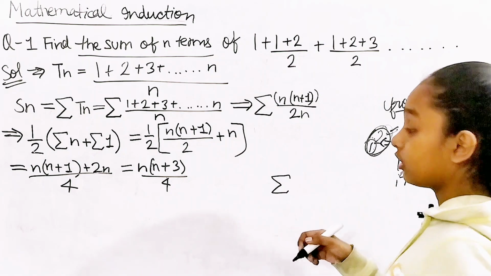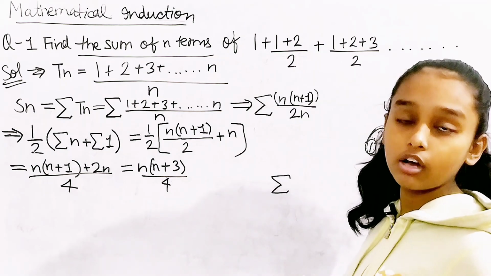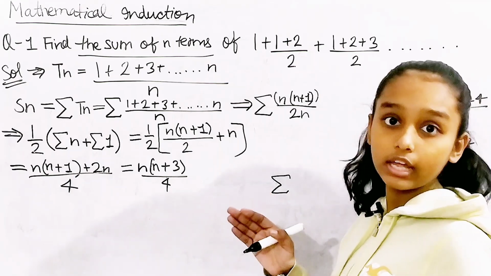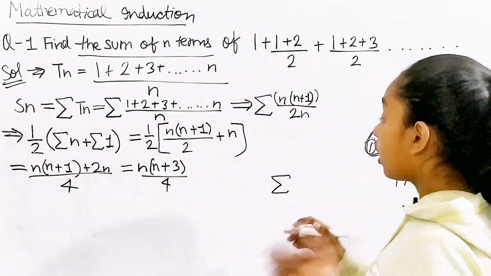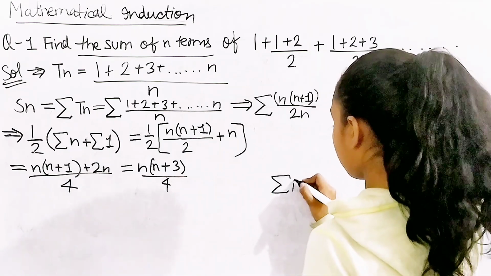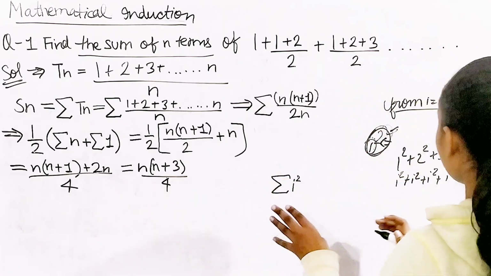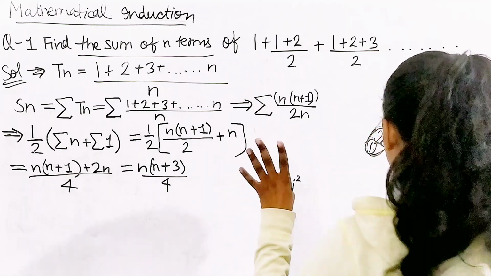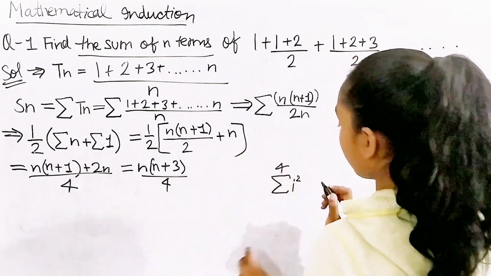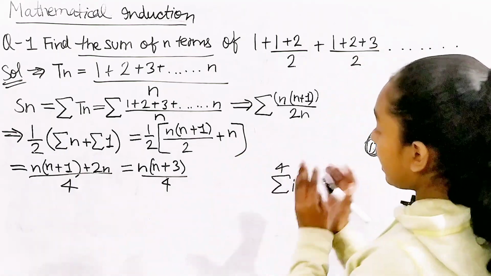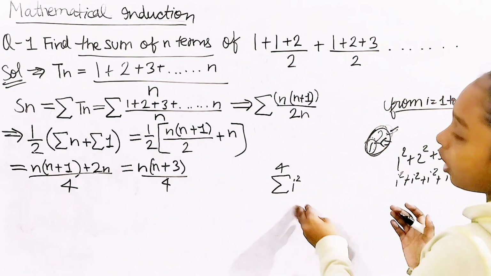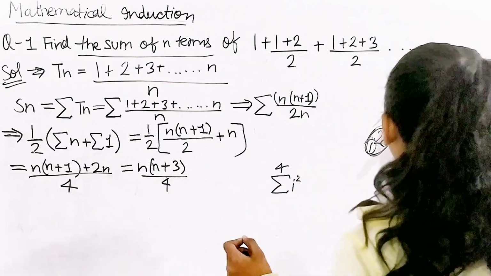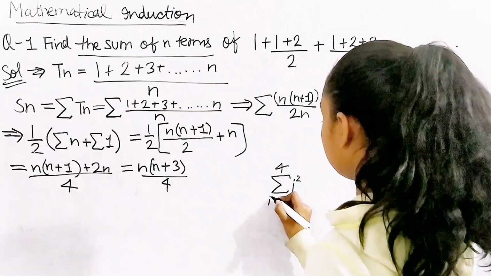Each term is of the form i squared, so i squared goes right here. And how many integers do we have? We have 4 squared integers, so I write 4 at the top. And at the bottom we write i equal to 1.